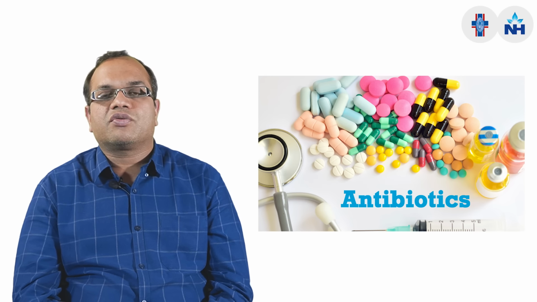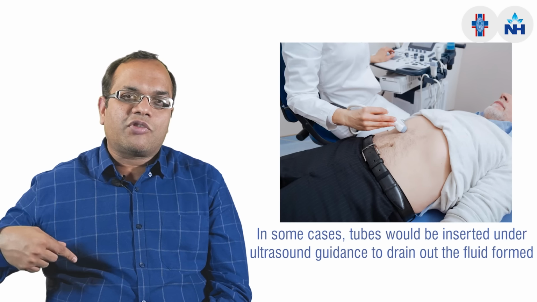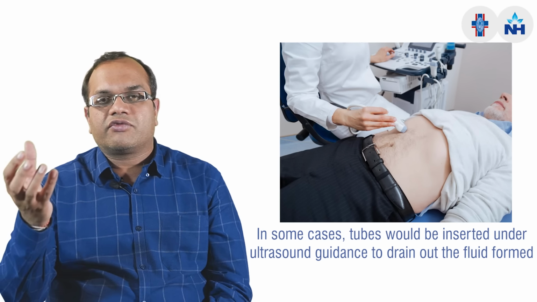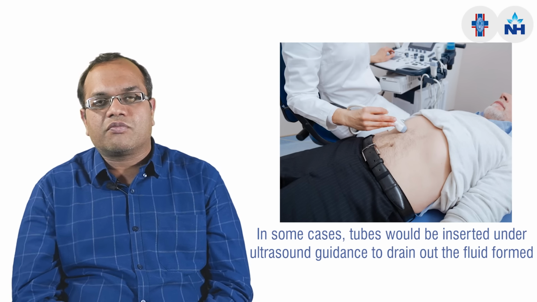Side by side, the patient is given antibiotics according to the requirement, and in some cases when the disease becomes severe, there might be a requirement of inserting some tubes inside the abdomen under ultrasound guidance so as to remove the fluid or the infected material from the abdominal cavity. Sometimes in very severe cases surgery may be required, which is necrosectomy, which can be done both open, by giving an incision, or by the laparoscopic route.